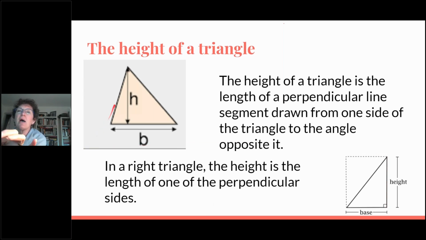But in any triangle other than a right triangle, we have to find that height, because it doesn't have a 90-degree angle. You have to make a 90-degree angle.